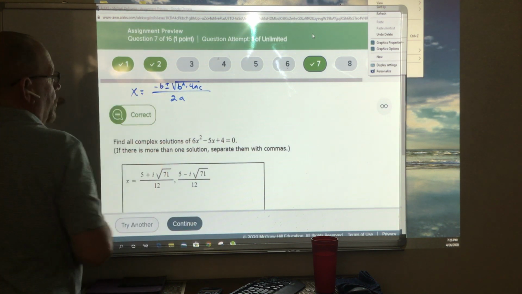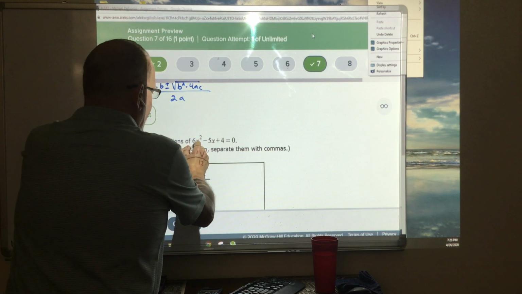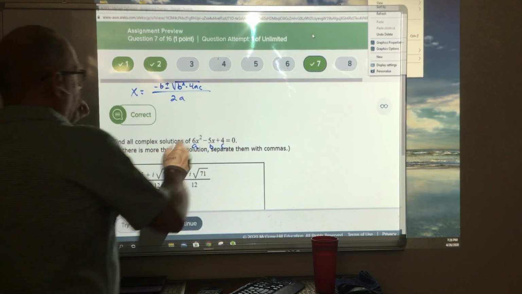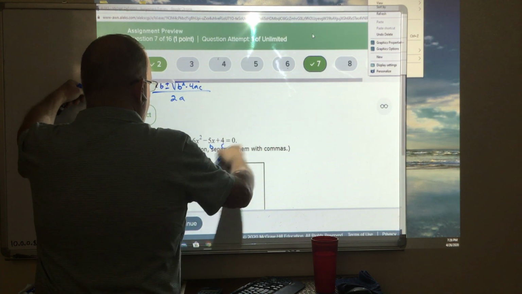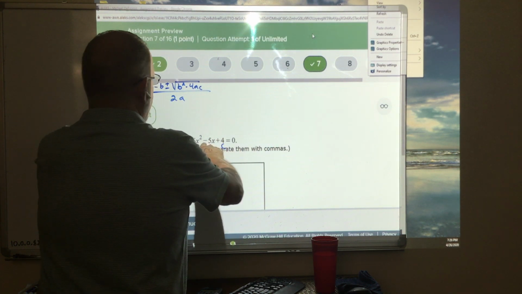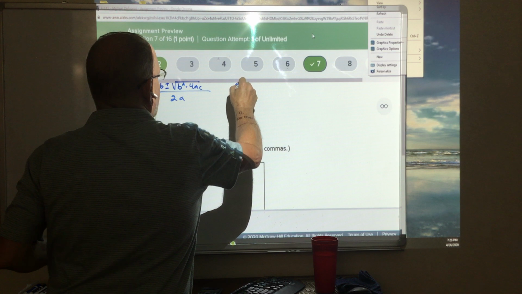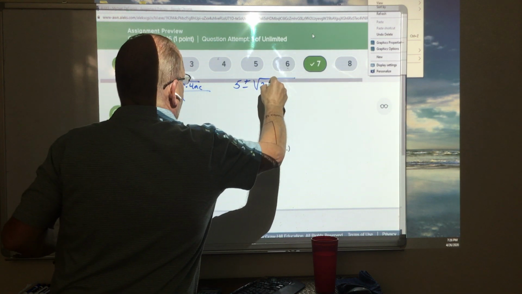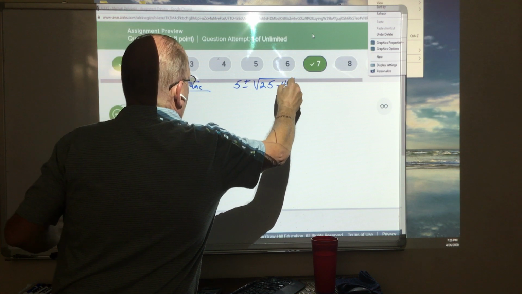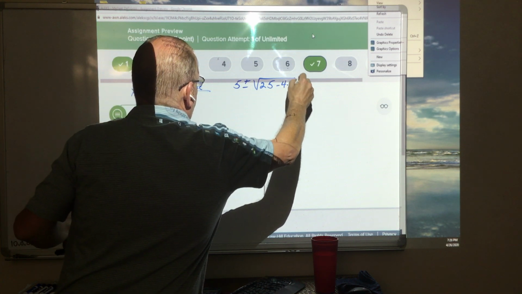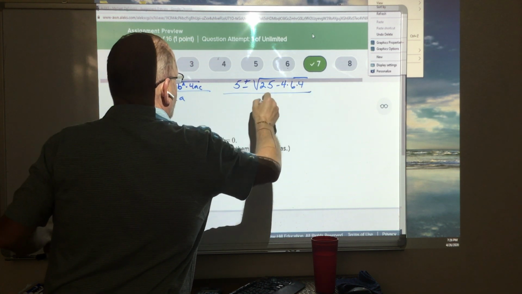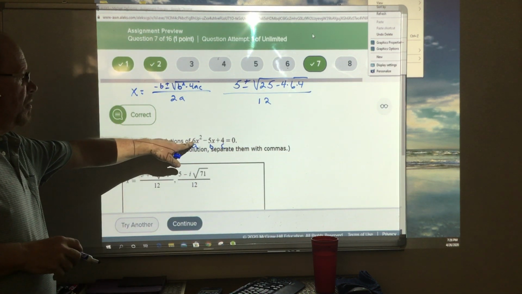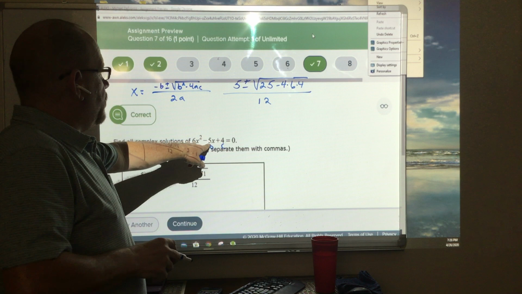And so if we were to put these numbers a, b, c into our quadratic formula, we would get -5 plus or minus the square root of 25 minus 4 times a times c, all over 2 times a.